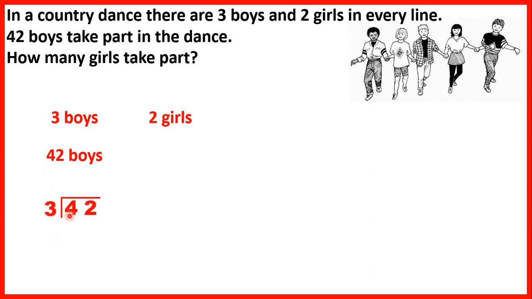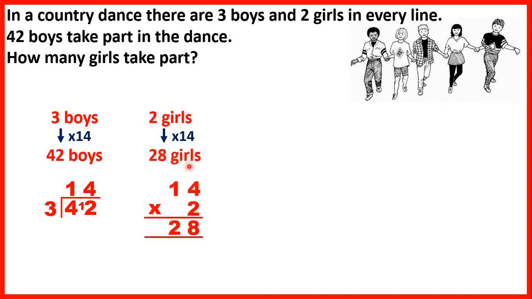To figure that out, we can divide 42 by 3, and that gives us 14. So 3 times 14 is 42. So to work out how many girls take part, we can multiply 2 by the same number, and 2 times 14 is 28. So that means 28 girls take part.